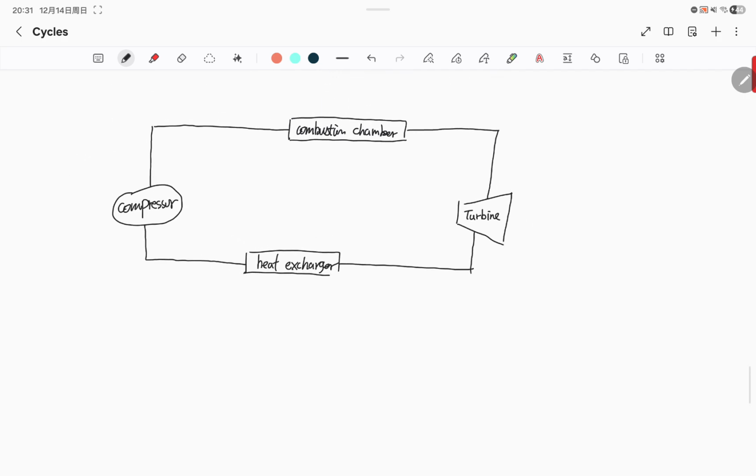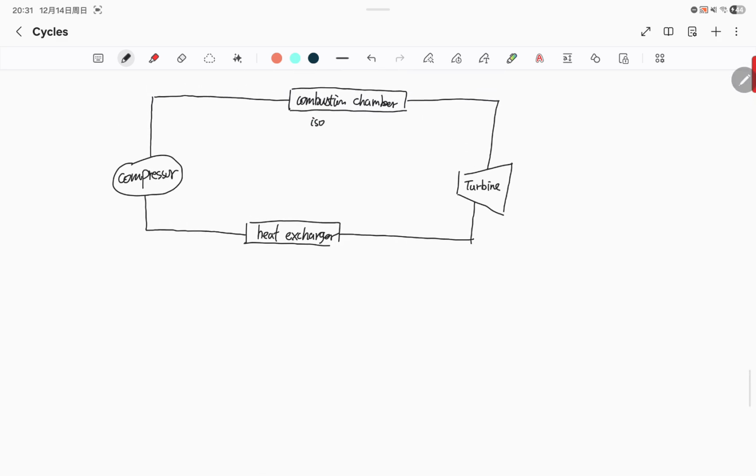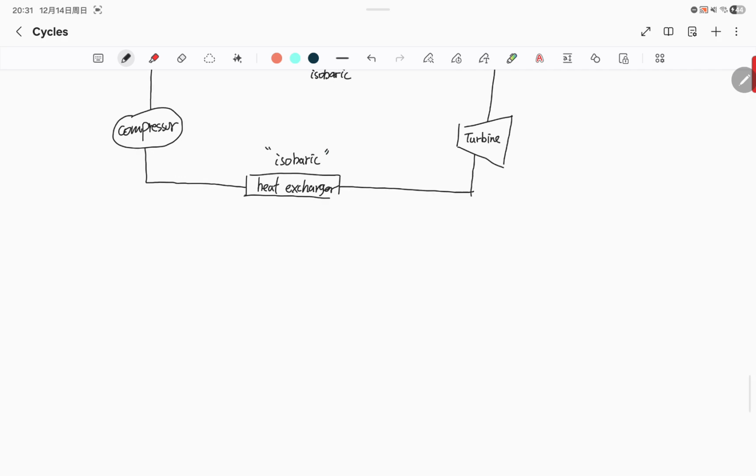Again, we're gonna label some thermodynamics terms. Here we got isobaric. Here we have isobaric. I'm gonna put a quotation mark. Why? Just give me a minute.